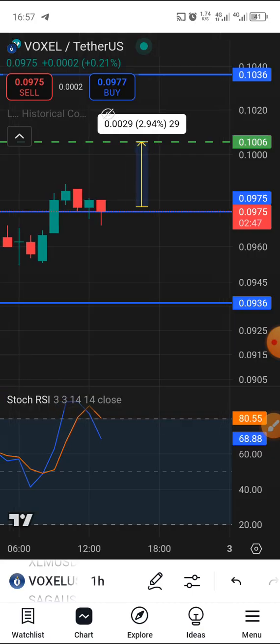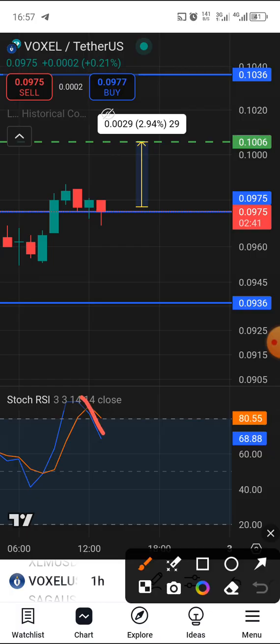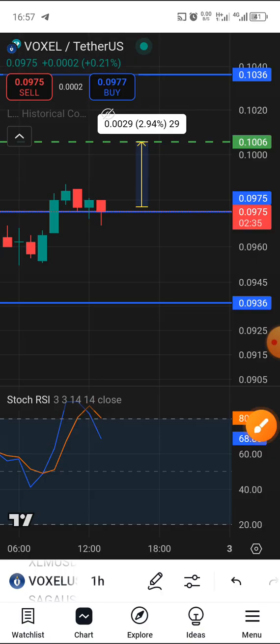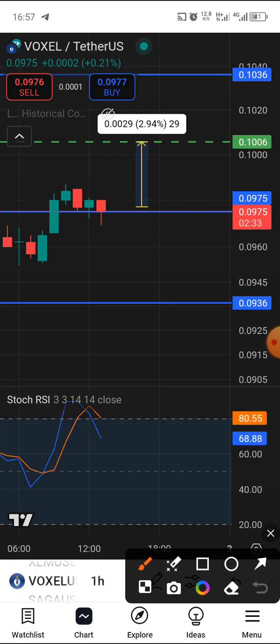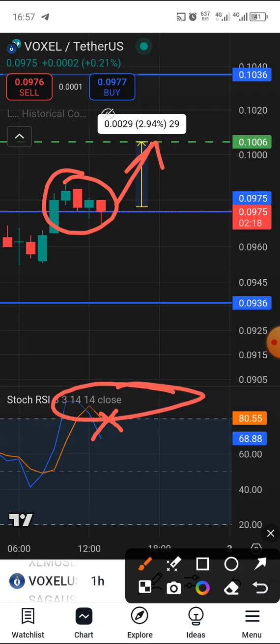Now the RSI, it shows that it is on a downward trend, but it can form a V here, a V here. Remember, it confirmed that it must go a little bit up, but even though it forms a V here, it is in the oversold area.